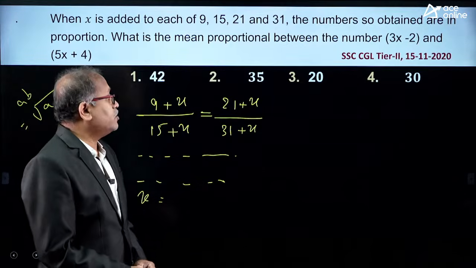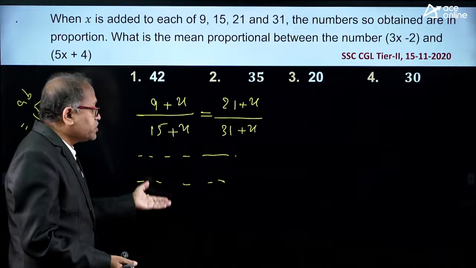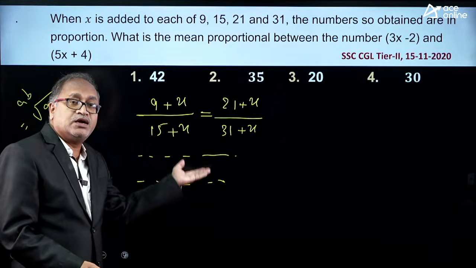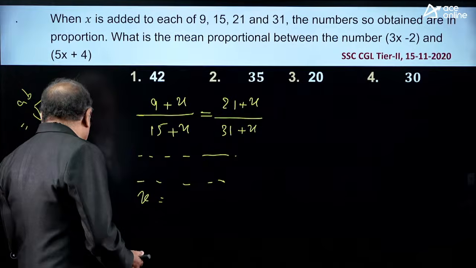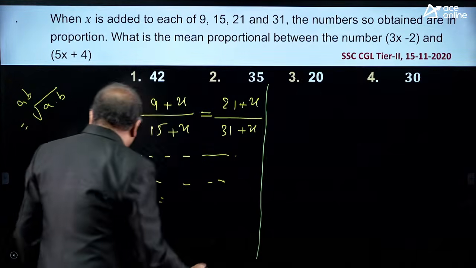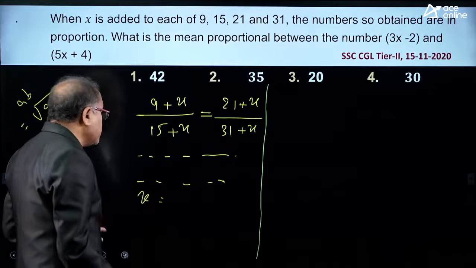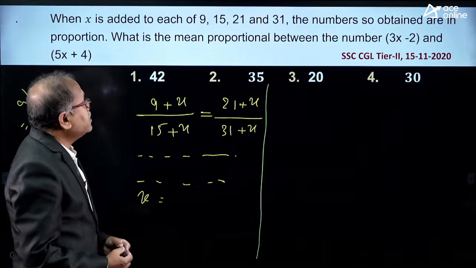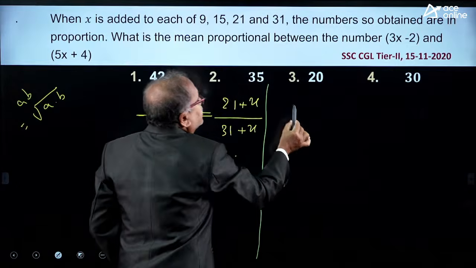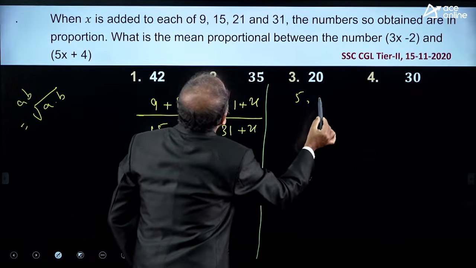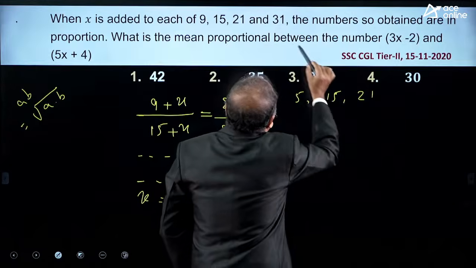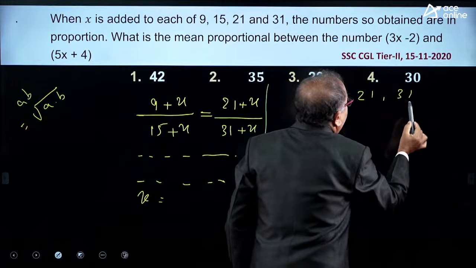If I keep solving with this method, I will definitely get the value of x, but it takes some time. So I will go with the alternate method. And what is that alternate method I am talking about, which you will not get in the books? Look at these numbers: 9, 15, 21 and 31.